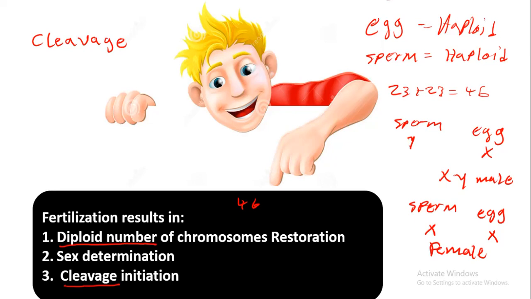Automatically, it's going to undergo some mitotic divisions, and this mitotic division will lead to it forming the morula, the blastocyst, and other stuff which are going to be explained well.